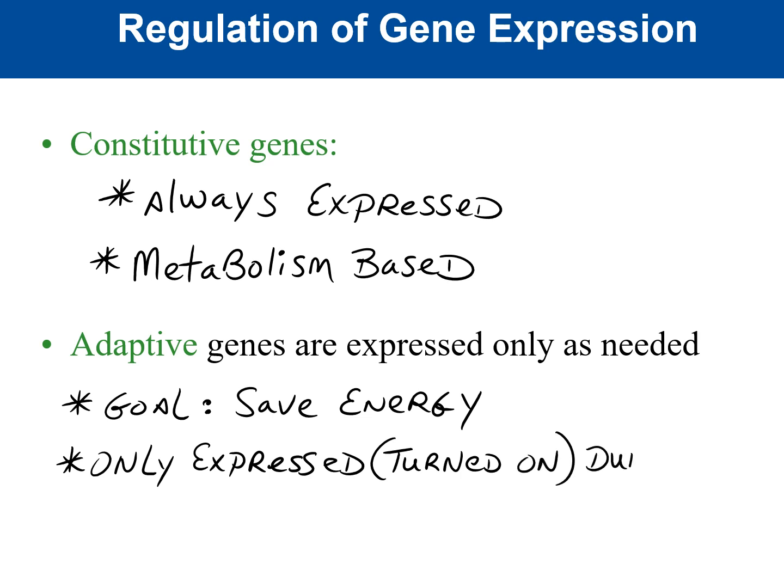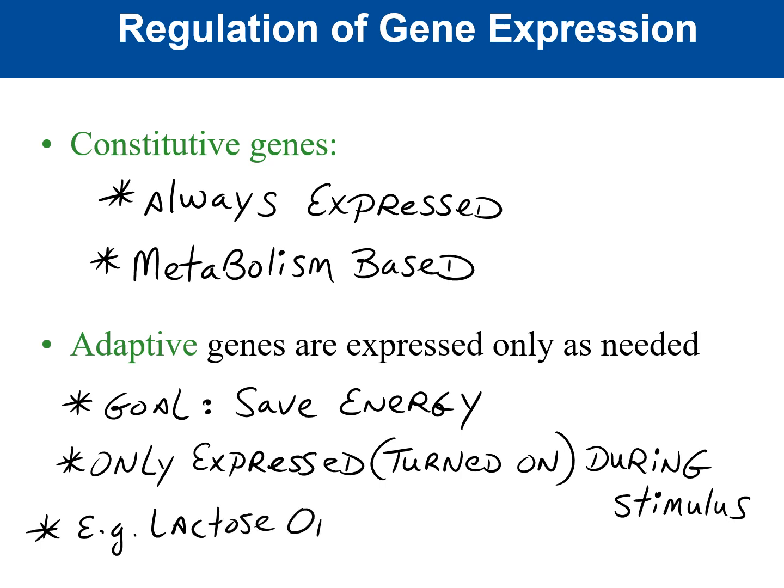So something changes in the environment and it stimulates a cell to turn on these genes and then take advantage of a new situation. So we'll write down here the example, lactose operon. And the way that the lactose operon works is that it only turns on when lactose is present.